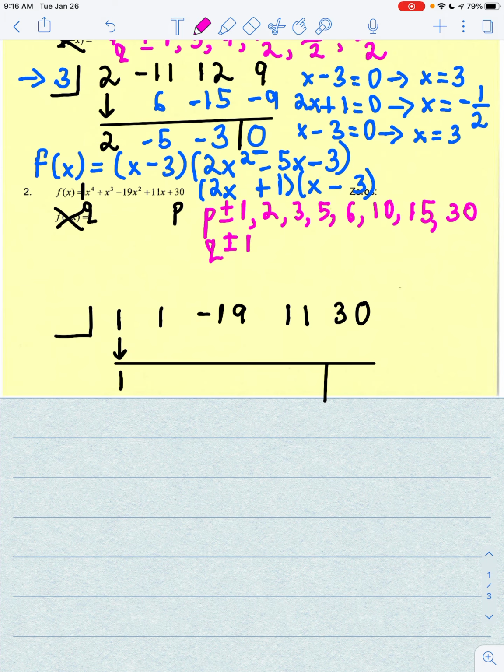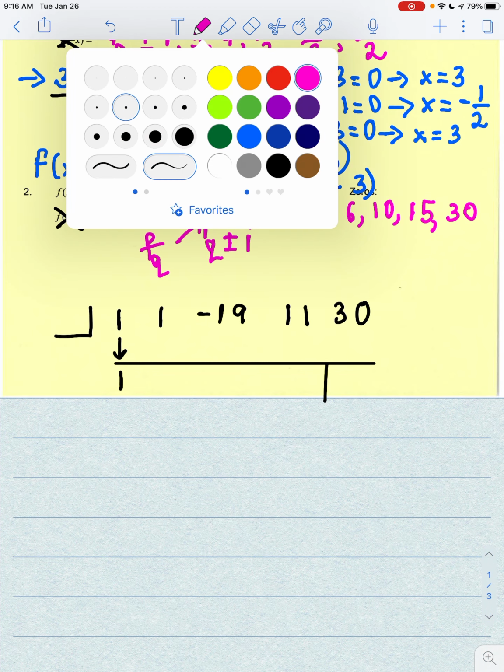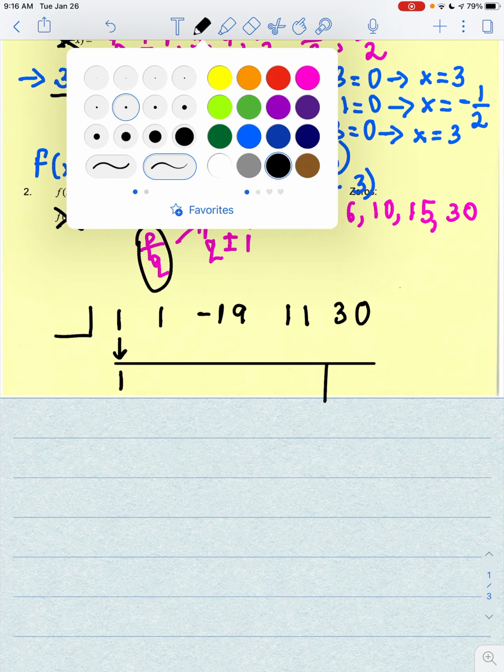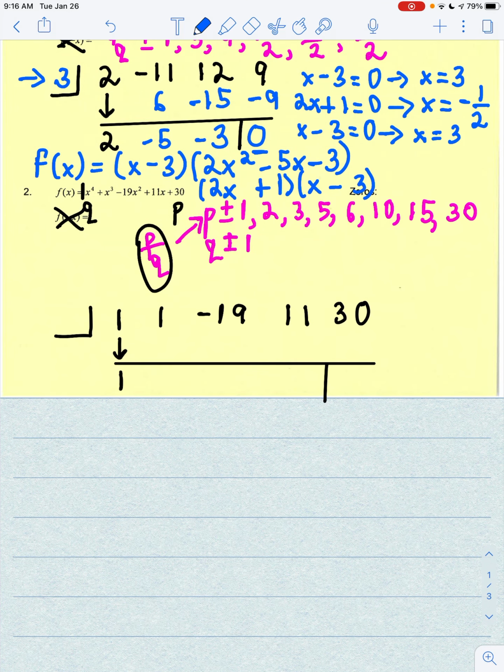So really, my P over Q values here are the same as my P values. They include positive and negative 1, 2, 3, 5, 6, 10, 15, and 30. I'm not going to write them all again, but you should understand that my P over Q values are the same as my P values because Q is just plus or minus 1.